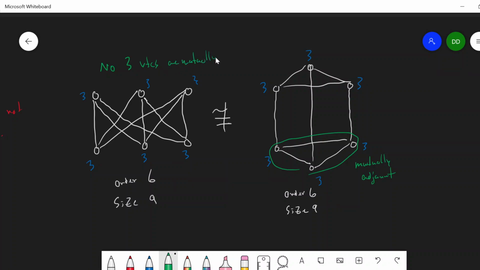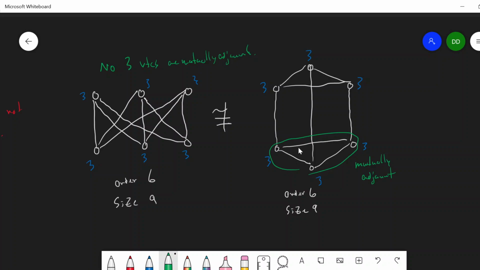So this idea of having three mutually adjacent vertices, or having k mutually adjacent vertices, is a structural property of the graph. And that means it's preserved by isomorphism. So why is it preserved by isomorphisms?